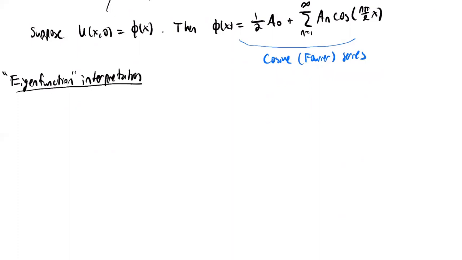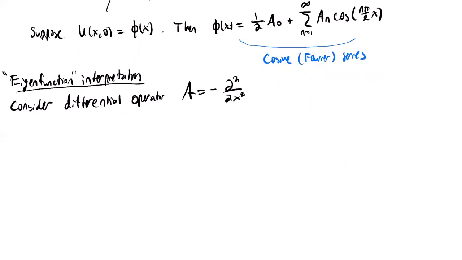And so we're going to consider the differential operator, which will be the same as what we looked at in the last example. So I'll call A minus the second derivative with respect to x.